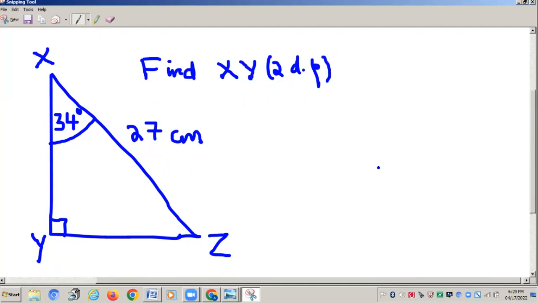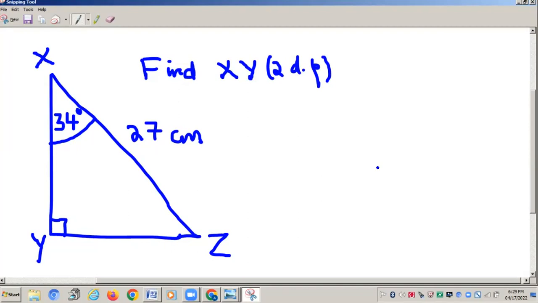Let me ask a question. Why can't we use Pythagoras right here to find XY? Because we only have the length of one side.